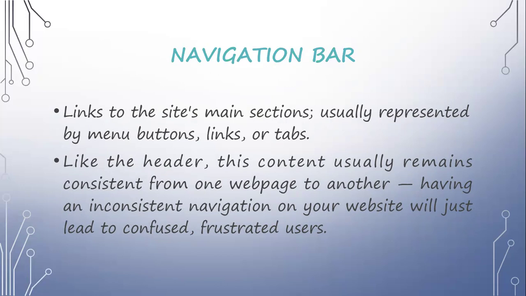Now, like the header, this content usually remains constant from one web page to another. Having inconsistent navigation on your website will just lead to confused or frustrated users. So the navigation bar and the header are mostly constant, or very consistent in terms of the contents within them.